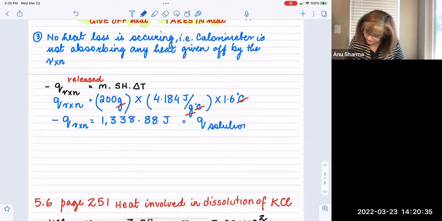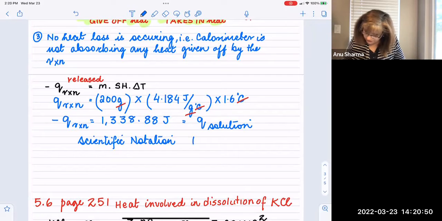You can also convert this into scientific notation. So we have 1,338.88 joules.